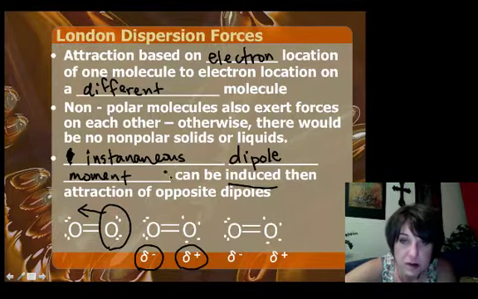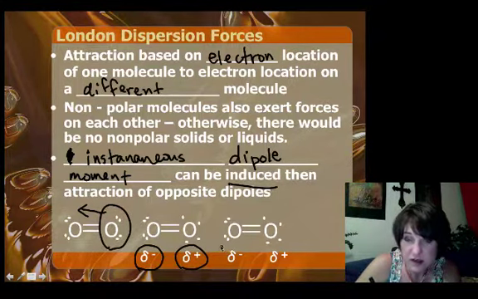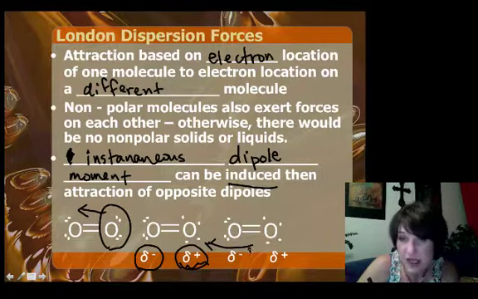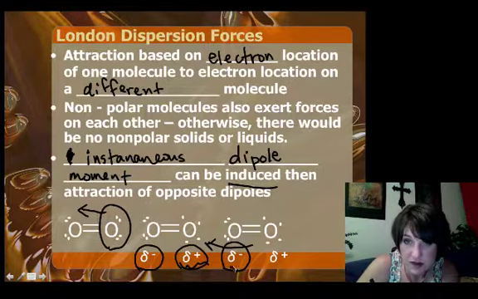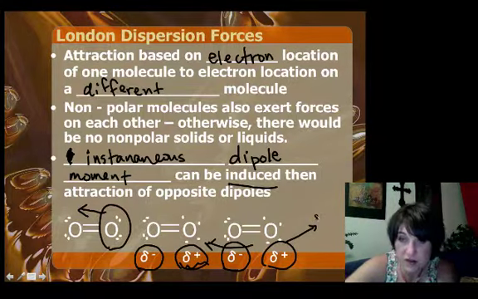And so the molecule next to it gets induced in the same direction, where now this positive charge is pulling more electrons this direction. And so that sets up in the neighboring molecule a partial negative and a partial positive, which would then influence the molecule next door to that.